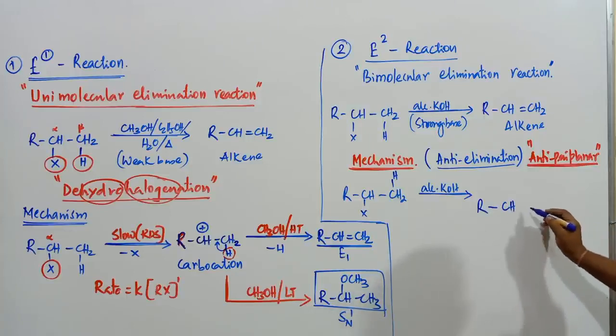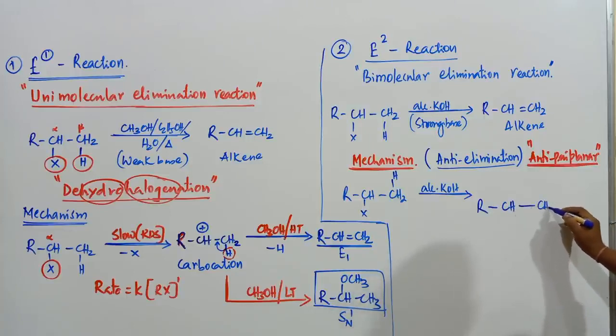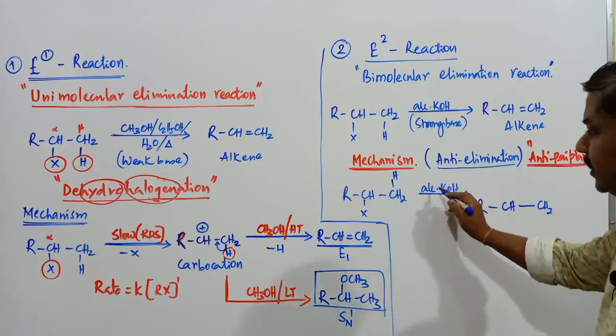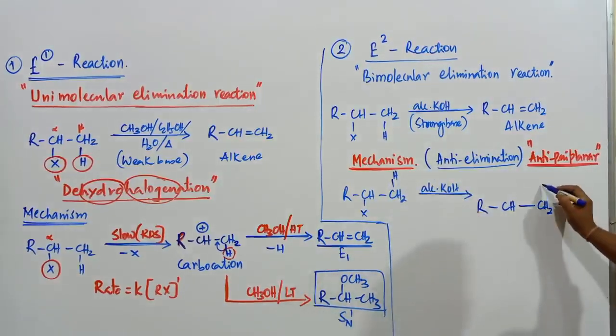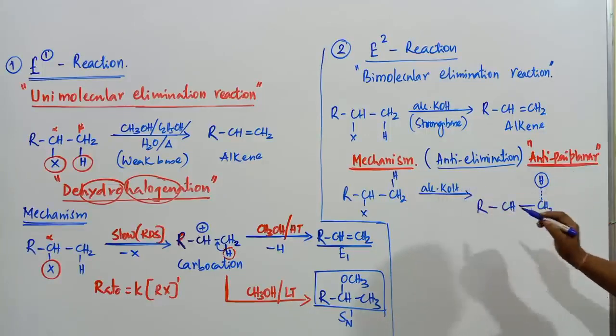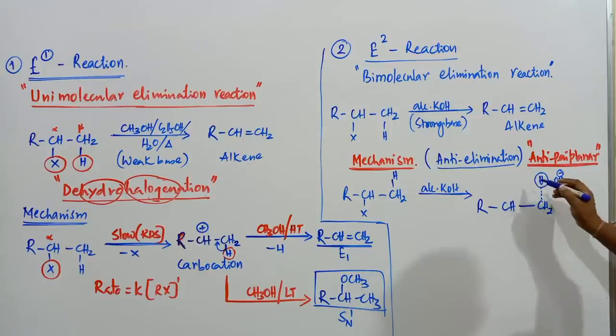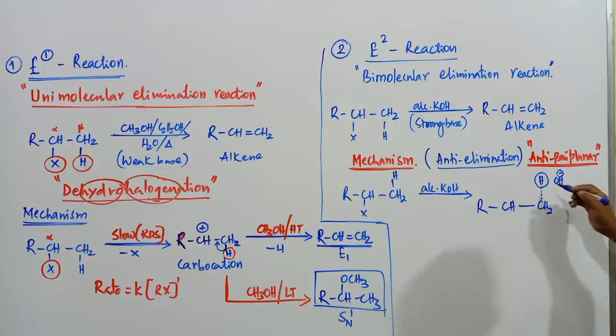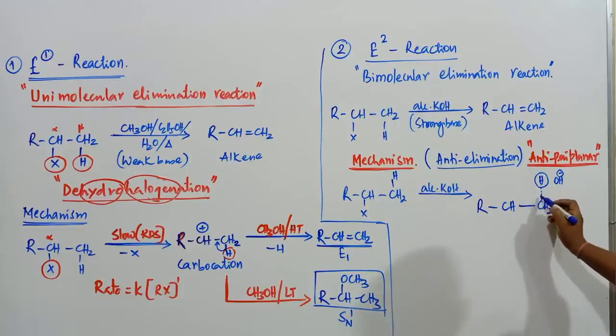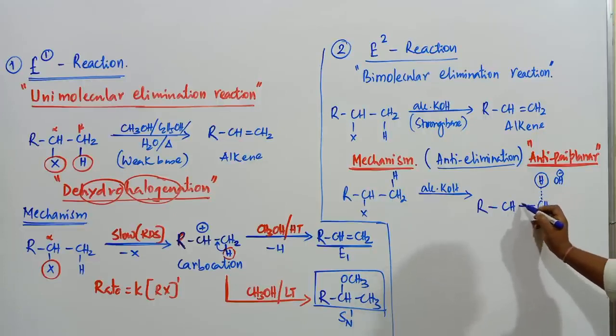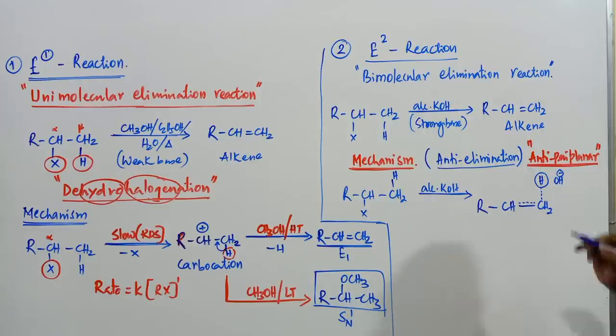Next, this is the single bond, it is going to be CH2. When this base removes the hydrogen atom, this bond gets weakened. This hydrogen is eliminated in presence of OH minus. Now this OH minus pulls the hydrogen atom, as a result the bond gets weakened, and these electrons are donated to this carbon atom to form the carbon-carbon double bond.